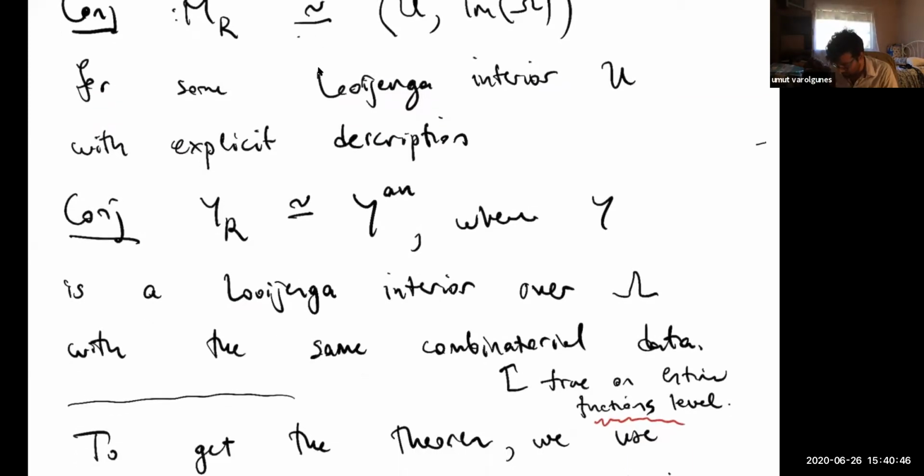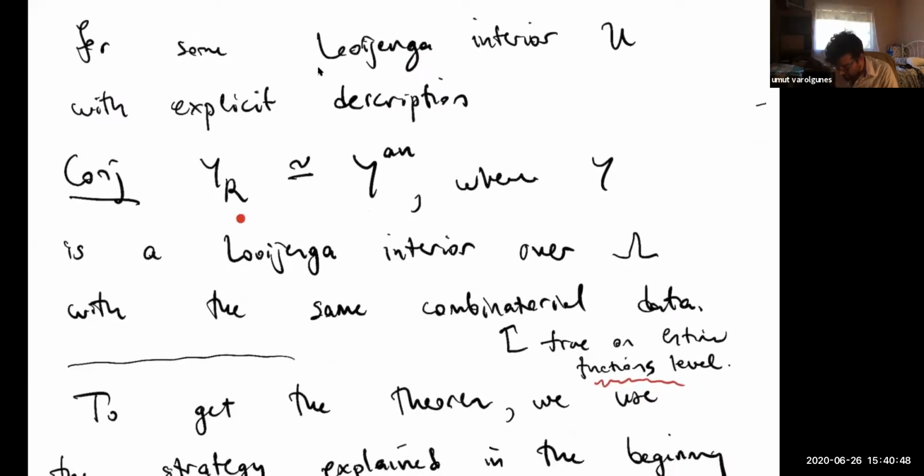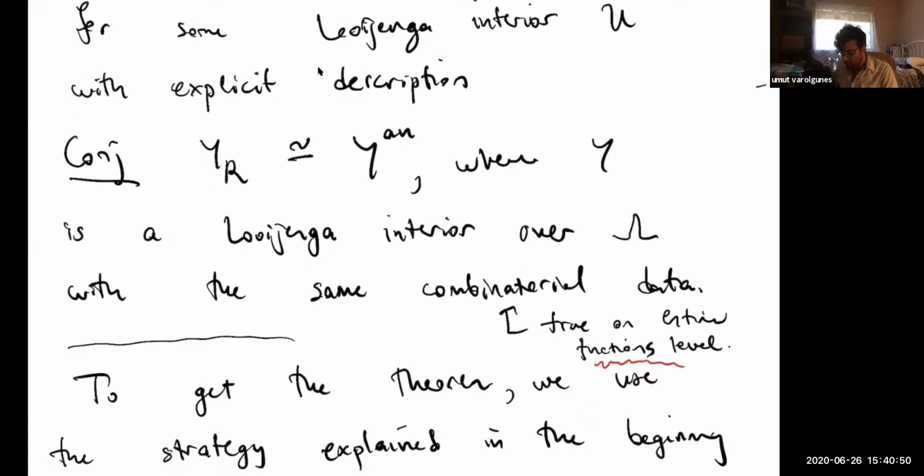I also conjecture that this analytic mirror that I constructed is the analytification of some scheme over the Novikov field. This scheme also should look like a Looijenga interior, and it should use the same combinatorial data.